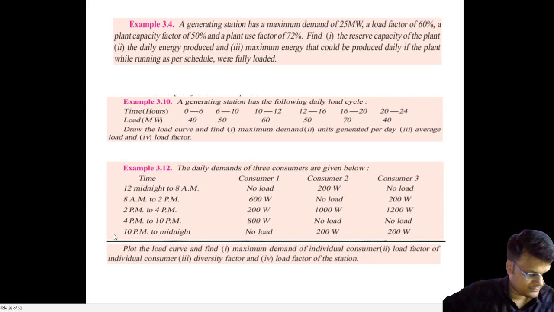Now it is visible to everyone. Okay, Amrita, now it is visible. Now it is visible to everyone. Okay, okay, thank you.